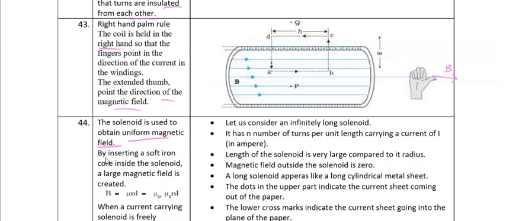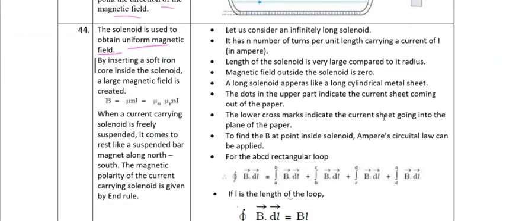See, that is how, first of all, this solenoid is fabricated. We have to consider a soft iron core. By inserting a soft iron core inside the solenoid, a large magnetic field is created, right? So B is equal to mu naught mu R into N I. So this is the main equation.